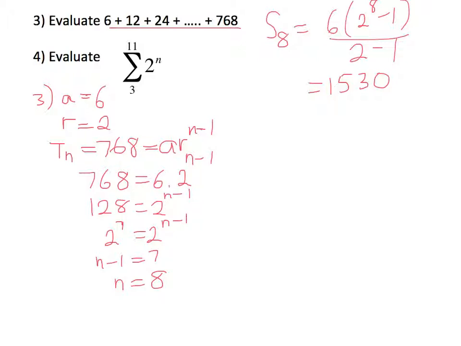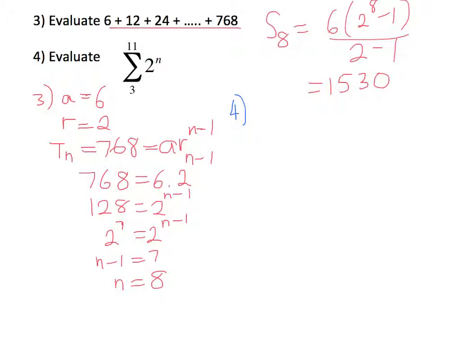Okay, and in the very last example there, number 4, we've got sigma notation now. So we're finding the sum of the terms starting with n equals 3 all the way up to n equals 11, where n this time represents that power in 2 to the power of n.